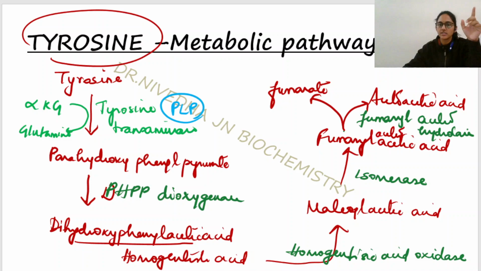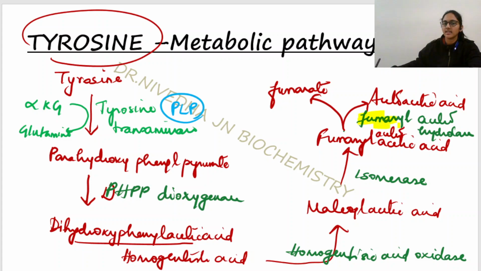So tyrosine to para-hydroxyphenylpyruvate by tyrosine transaminase, para-hydroxyphenylpyruvate to homogentisic acid by a dioxygenase. First a transamination reaction, after which is the dioxygenase, an oxygenation reaction. Then homogentisic acid is converted to maleylacetoacetic acid by homogentisic acid oxidase. Maleylacetoacetic acid is isomerized to fumarylacetoacetic acid, which is then cleaved to fumarate and acetoacetic acid by fumarylacetoacetate hydrolase.